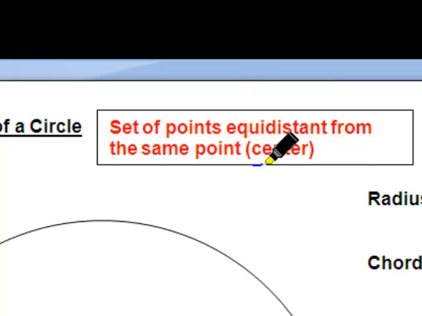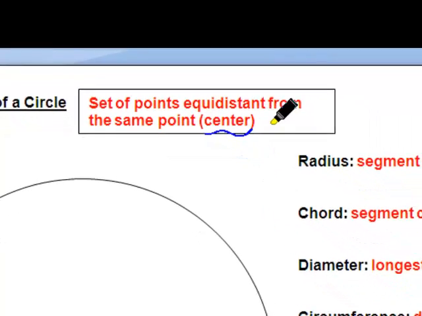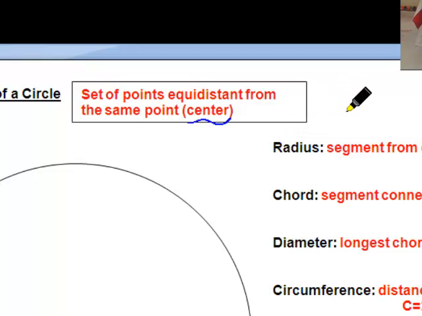So if I have some random point and I measure, let's say I would choose 5, here's my random point, and I measure 5 inches out from that point in every direction, that's going to give me a circle. That's how we get the circle. And that point, of course, is called the center. And from that, we're able to get all these other pieces of the definition here.